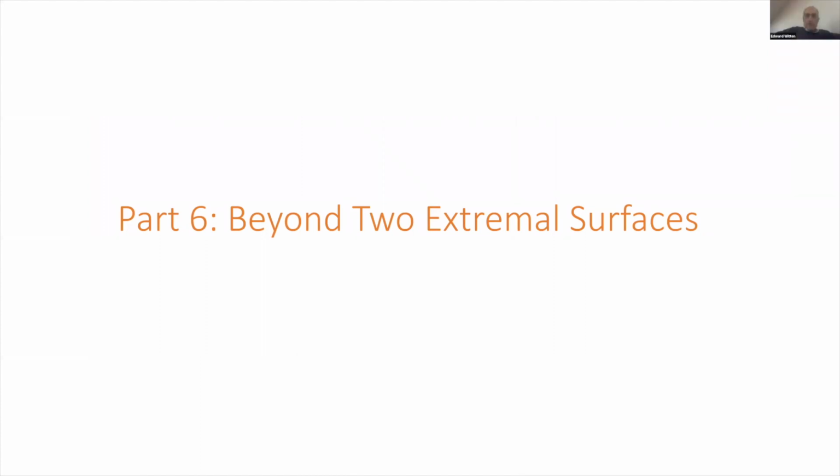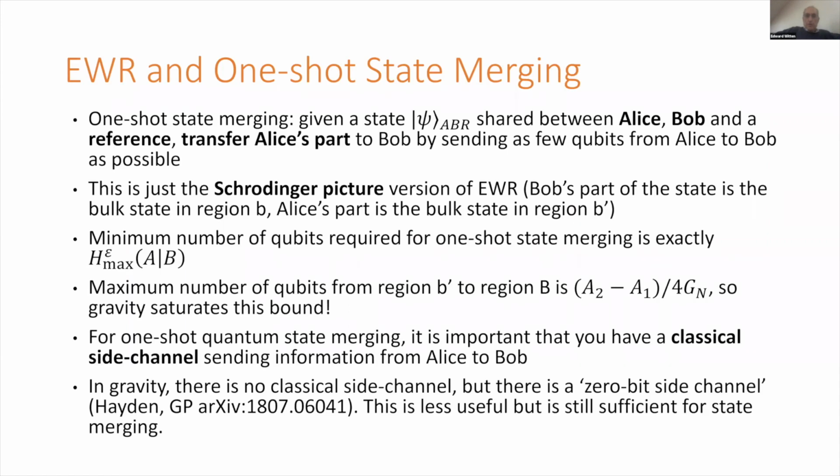When you say that there's a 0-bit side channel in this problem, if I understand correctly from your definitions, what that means is just that Bob can already decode small subspaces of B prime. Yeah, that's what it really means. Instead of just having some qubits, we actually have alpha bits of everything in the region.